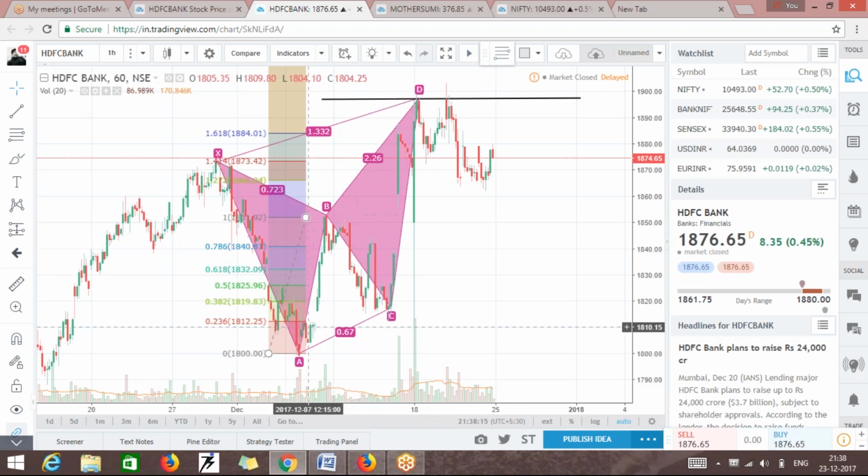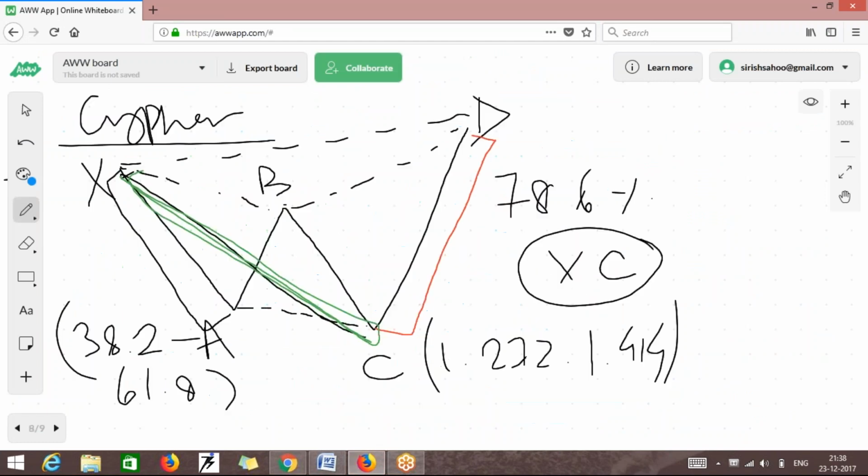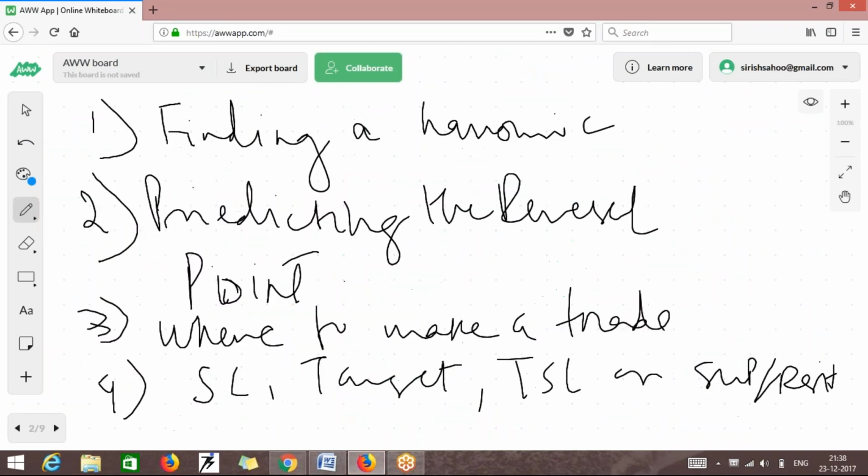You could take AB and confirm also with BC. This could also retrace to a level of 1.618 to 261.8 of the BC leg. So this could be another type of confirmation before taking a trade.